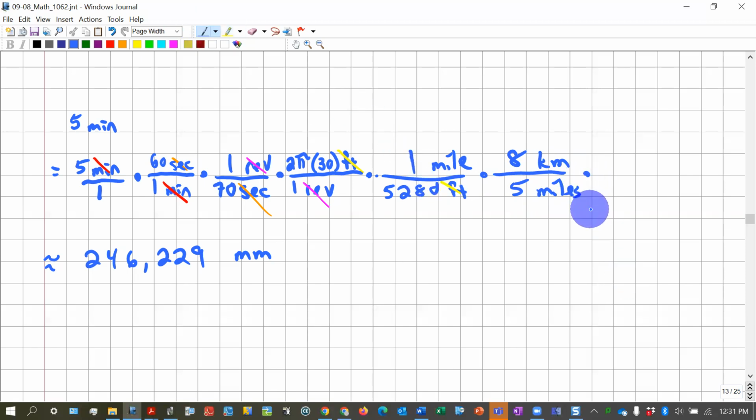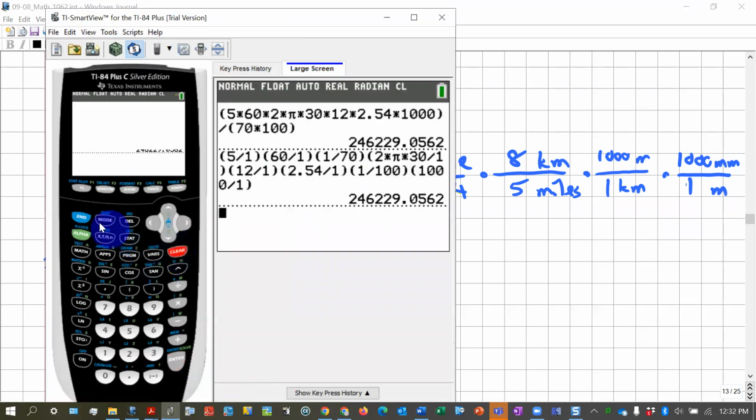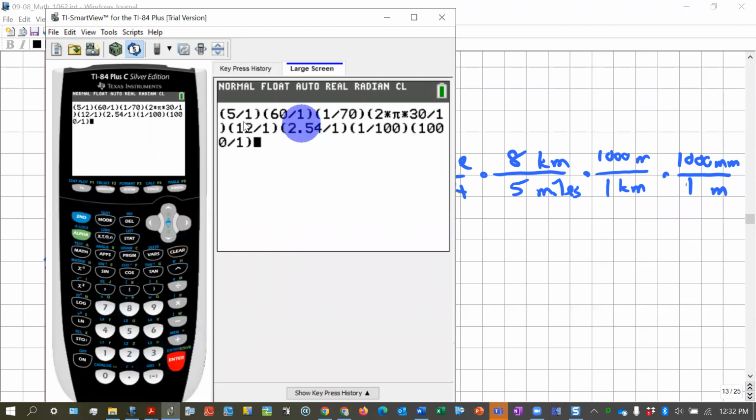And if we wanted millimeters, then we would say 1 kilometer is 1,000 meters, and 1 meter is 1,000 millimeters. So let's see how our answer compares this time. See if we get the same answer or a different answer.